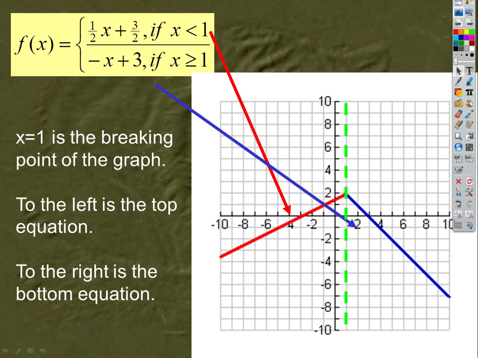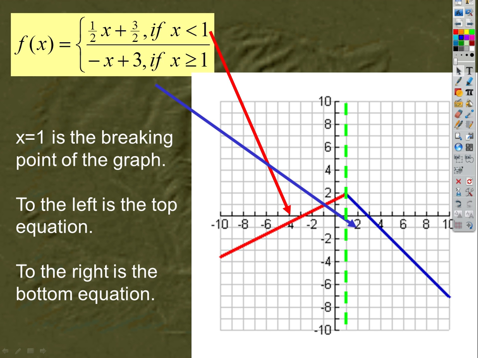Now, technically, we got to pay attention to the endpoints also. Being as we graphed the top one first, that red piece, does it get to keep the endpoint or not? The endpoint at x equals 1. Is that included? It can only be included in one piece. In this case, is x equals 1 included with the red left function or the blue right function? And how do you know?